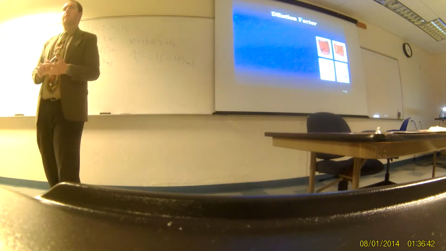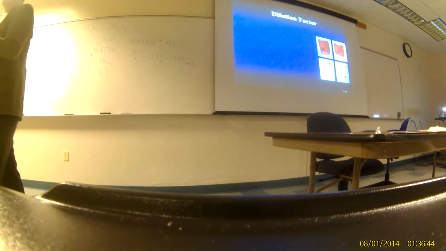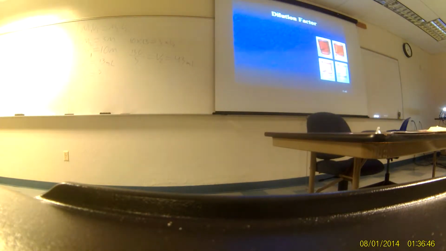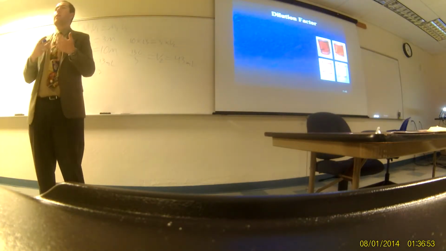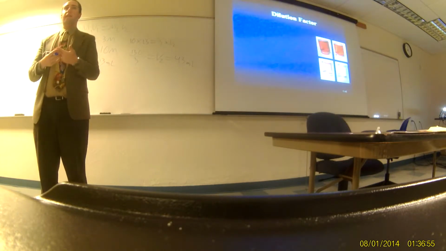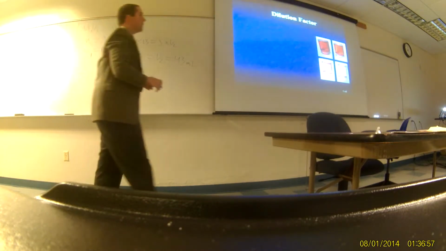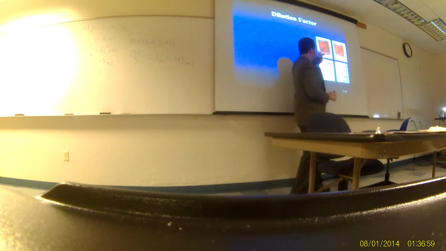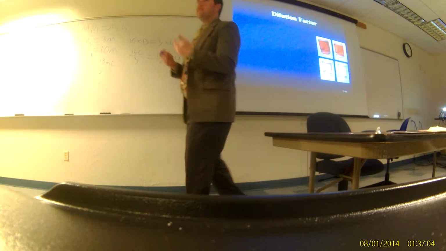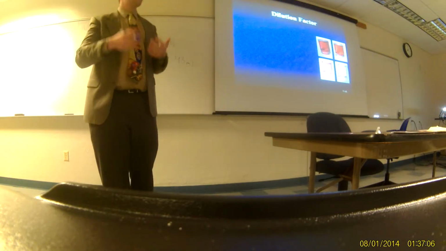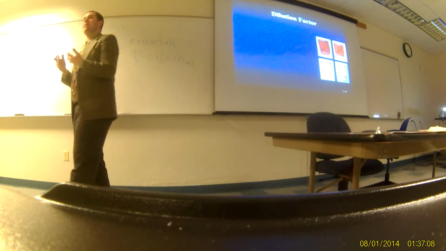When we dilute things, we talk about dilutions very easily in lab. And when we dilute it, we say how much we diluted something by talking about its dilution factor. So this is an example of a dilution. Luckily, it's colored. If we're diluting something like a salt solution or a sugar solution, we can't see that.